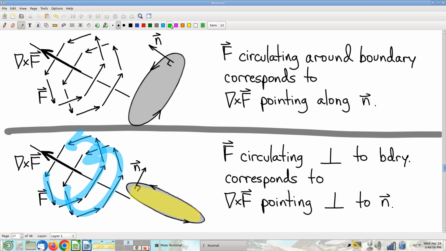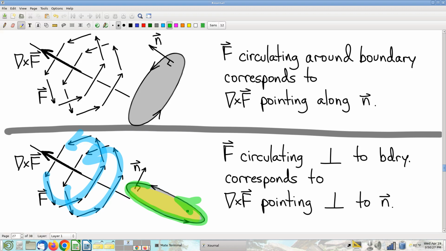Let's talk about the way this boundary is going. Here, the fluid is rotating this way, but the boundary is rotating that way. I don't have the eye-hand coordination to do these at the same time, but the fluid is going like that, the boundary is going like this, and they're just in different planes.